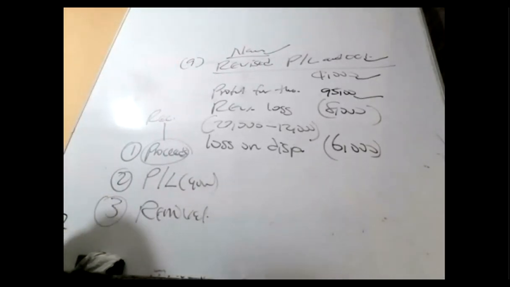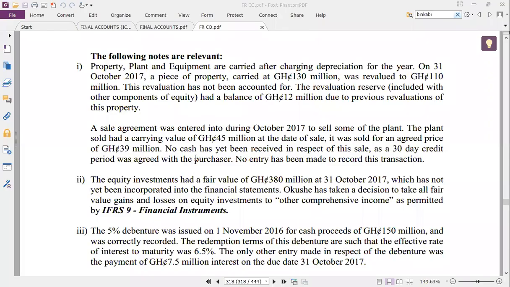So cost from cost, accumulated depreciation from accumulated depreciation, or finally carrying amount from where? Carrying amount. So in this particular question, the carrying value is 45. That means your PPE should go down by 45.